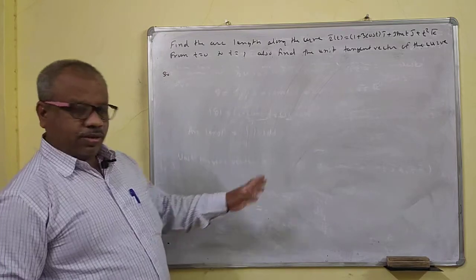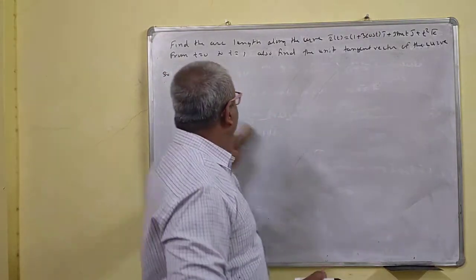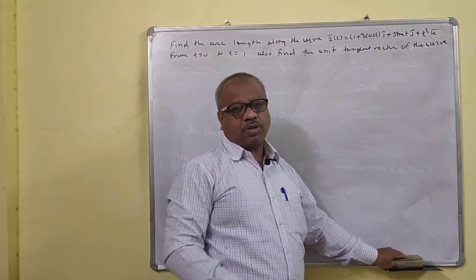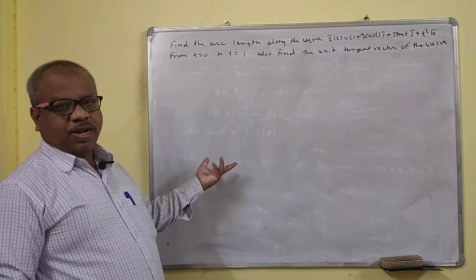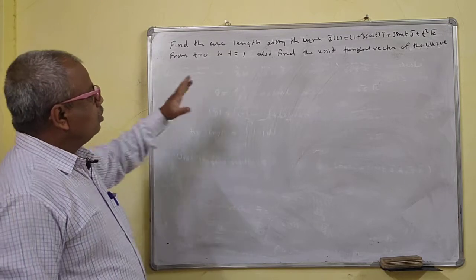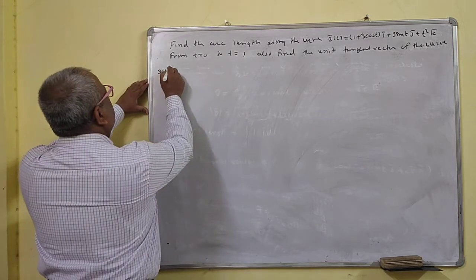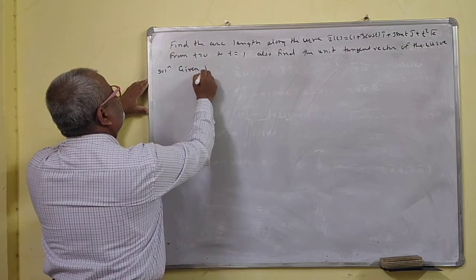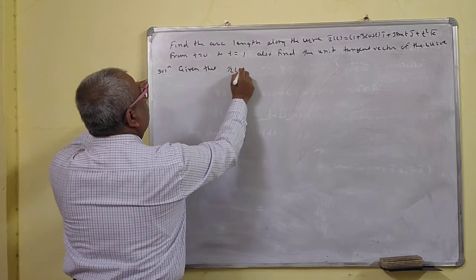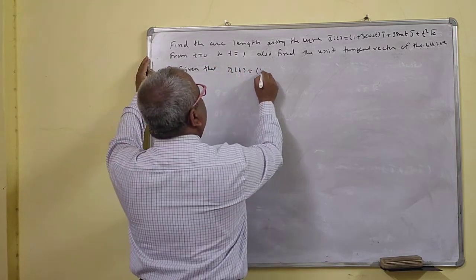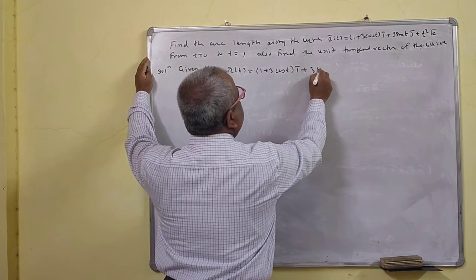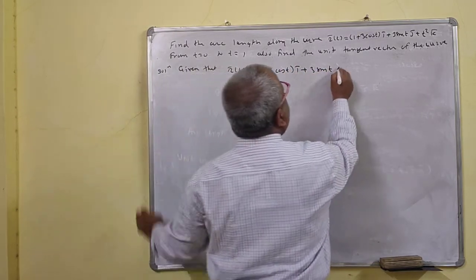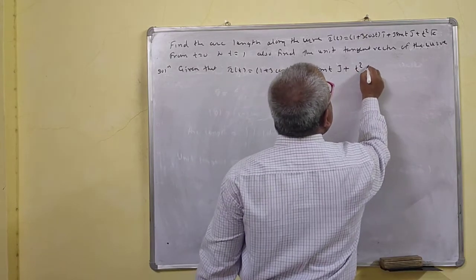In this problem you only have to use the formula: v bar upon mod of v bar. Simple. You are finding v bar, and you are finding mod of v bar also. The solution: given r bar of t is equal to 1 plus 3 cos t i bar plus 3 sin t j bar plus t square k bar.